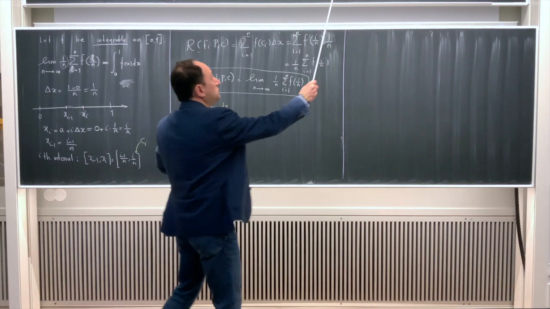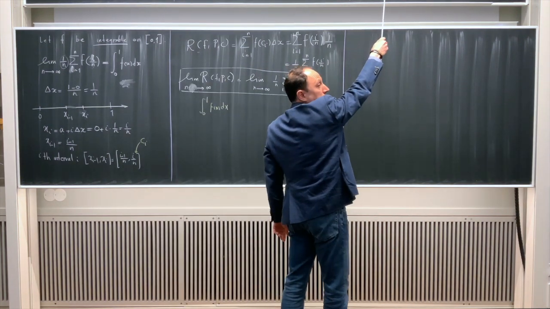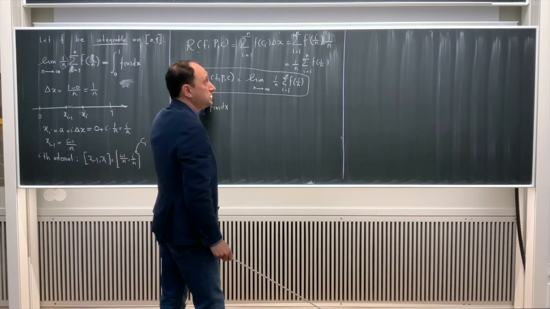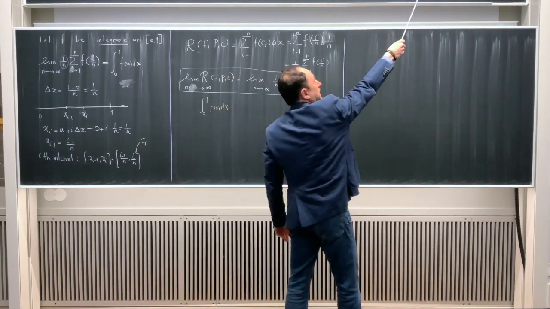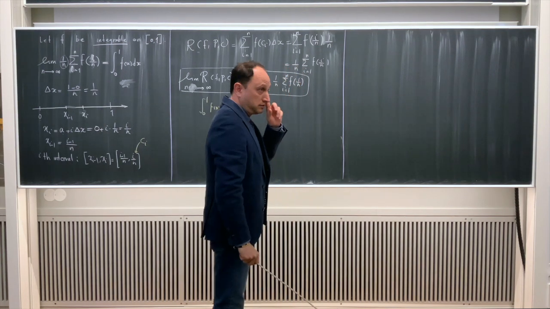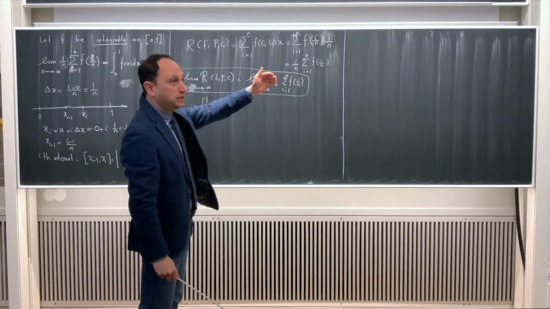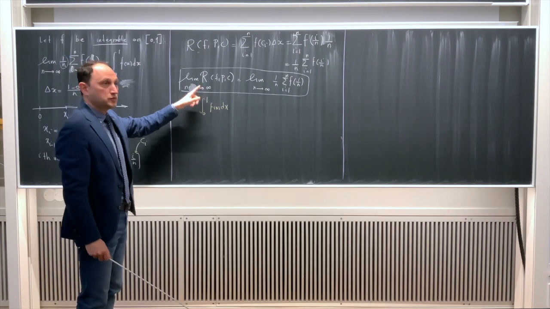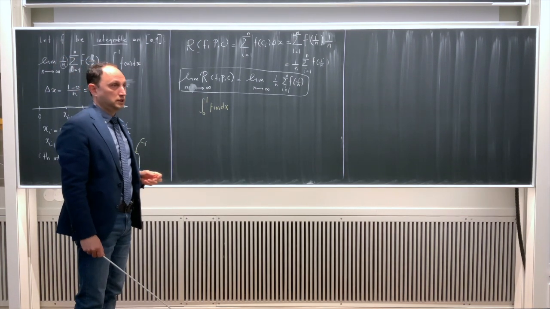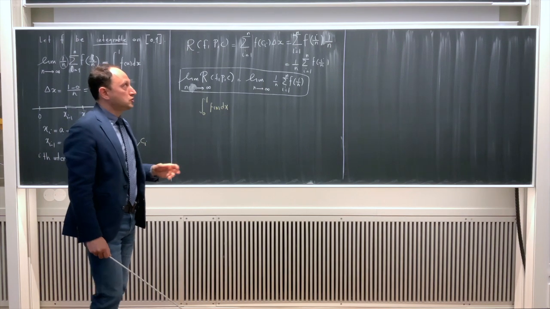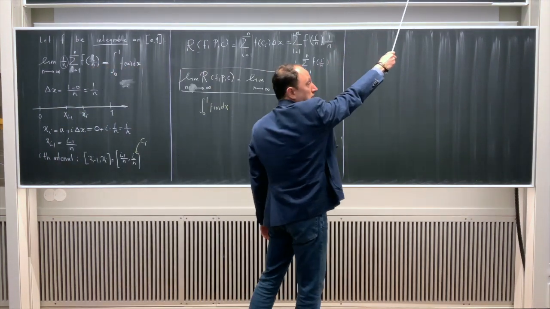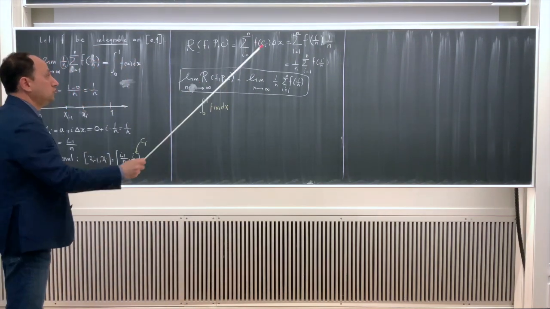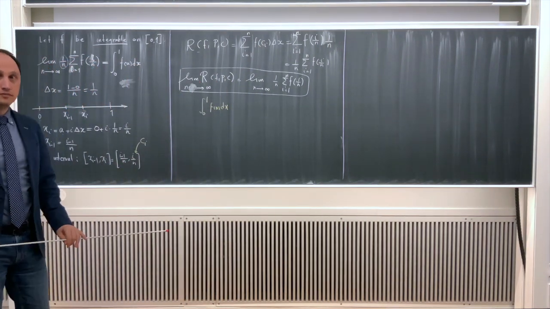But this one is on the board: the limit of a Riemann sum, if the function is integrable, is equal to the integral from a to b. But in this problem, a is 0, b is 1. So this becomes from 0 to 1. Is that clear? So this is always true. And I am combining this problem and this argument to use it in a way that is useful here.